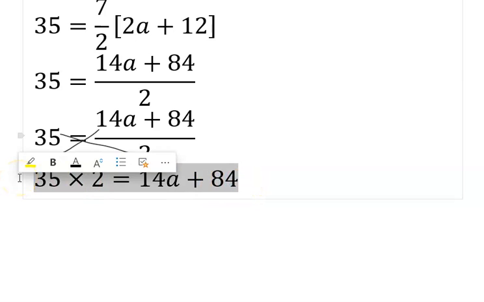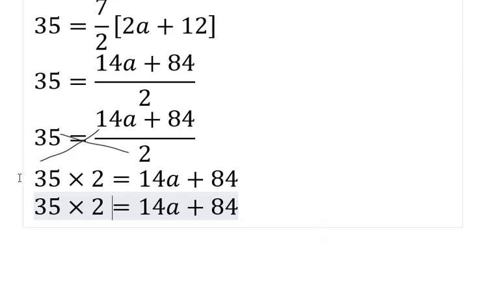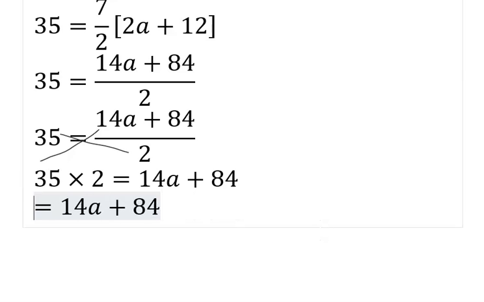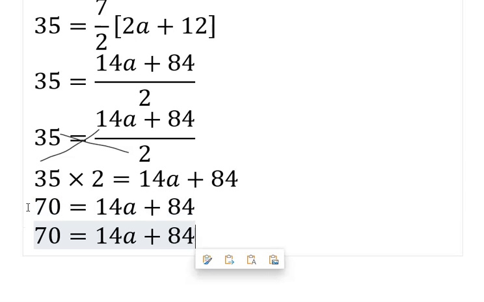So with this, you can now say that 35 times 2 will give us what? 70. Awesome. Let's just collect our like terms. So if this 84 now crosses this equality sign and comes to this end, it will change to minus what? Minus 84.